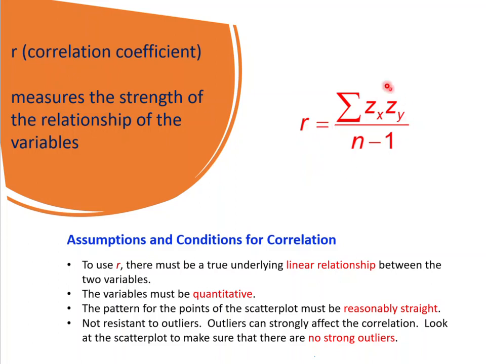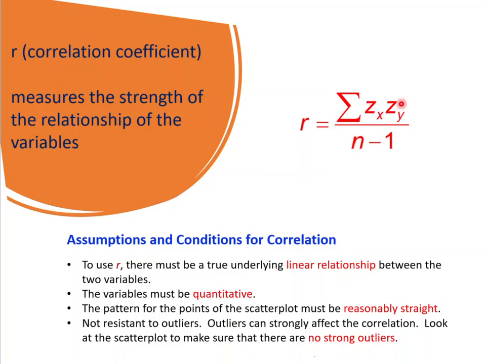Now you see up here, I've given you the formula for the correlation coefficient, and I don't ever ask you to actually calculate it by hand, but I put it up here so that you could understand where this is coming from. Like, how is it calculated? Remember from chapter 3, we identified z-scores as the number of standard deviations away from the mean.